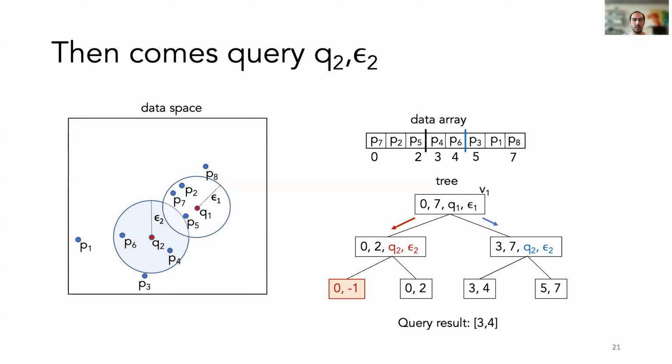But empty cracks do not provide any useful information to our index, so we avoid creating them. Then we go to the right subtree. We scan the piece indicated by the scope of a node, that is from position 3 to position 7, compute the distance to each point, and find the results while simultaneously introducing a crack to accommodate the query results.